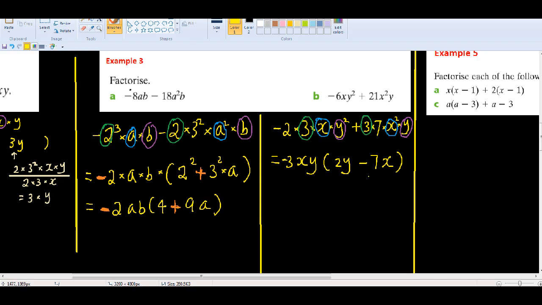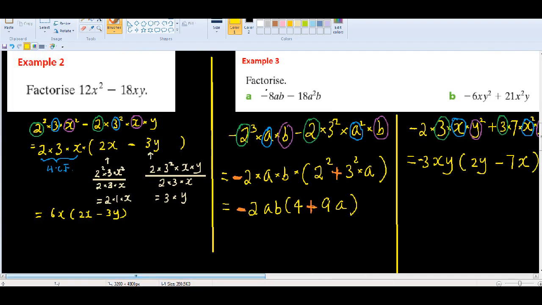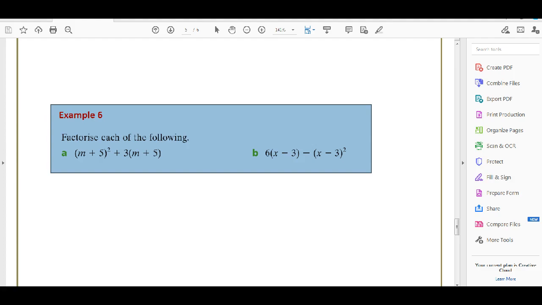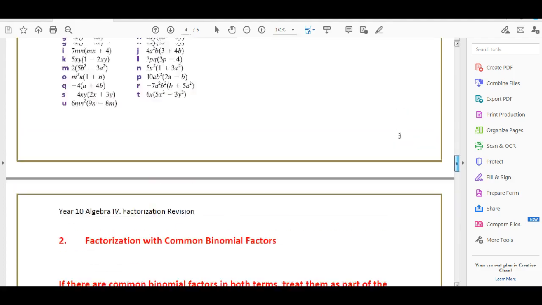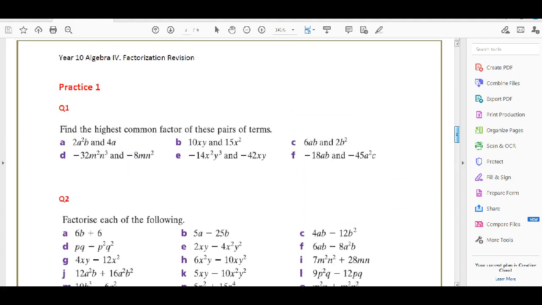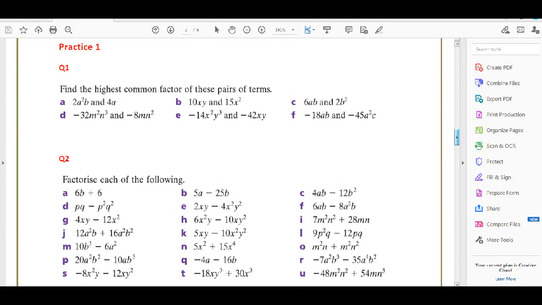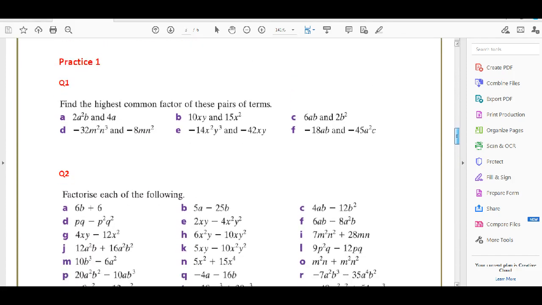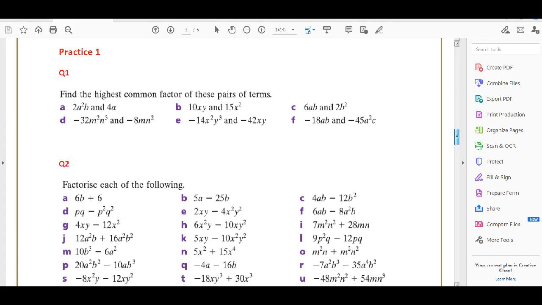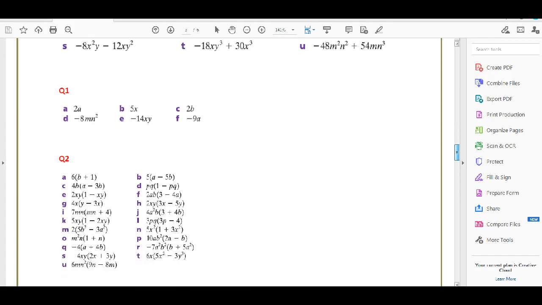Right, that's it. So that's all our examples about simple factorization. You might have some practice to do here. These are the practice on page 3, I think, right? You need to do some practice, and there are answers for you to check.